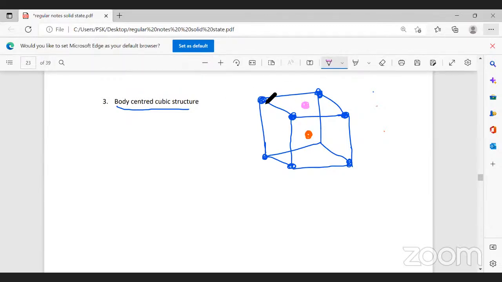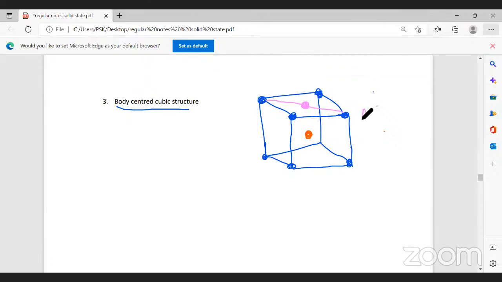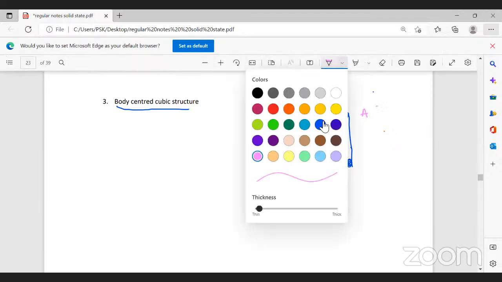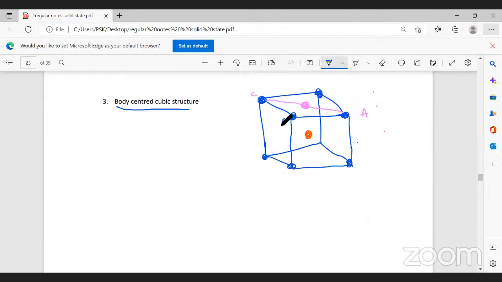Now this I mark as A and C. This is B. Now we have one triangle you can observe, that is A, B, and C. Triangle ABC. Is it possible for you to understand A, B, and C? There's a triangle. Yes? Yes, sir. Now this I mark as D.